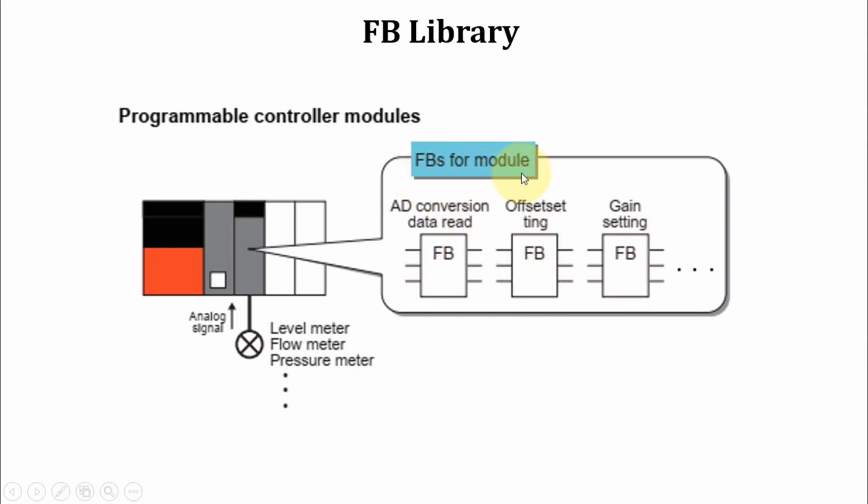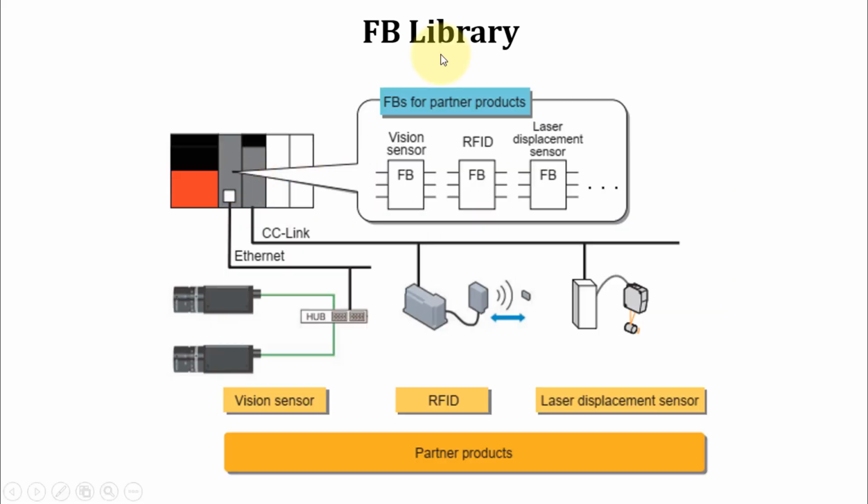Function blocks for modules are provided by most of the manufacturers. We also get some function blocks for third party or partner products. This is a vision sensor which is not manufactured by the PLC manufacturer, but by another company. On the PLC manufacturer website you will find customized function blocks for the partner products.